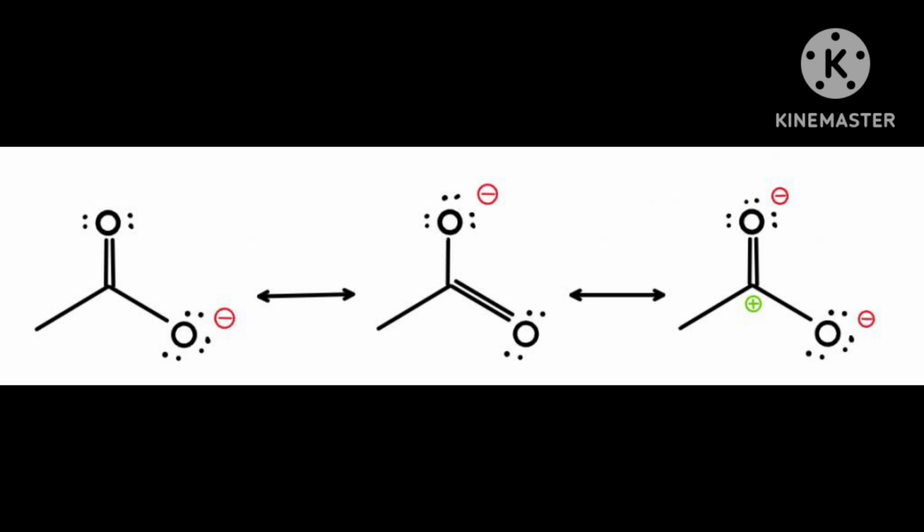If any negative charge is on a more electronegative atom, and a positive charge, if any, is on a more electropositive atom, they are more dispersed. Here again, listen: among the resonance structures, maybe 2 or 3, the one which has more number of covalent bonds, then what will happen?